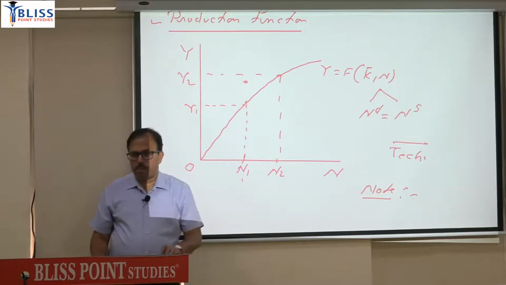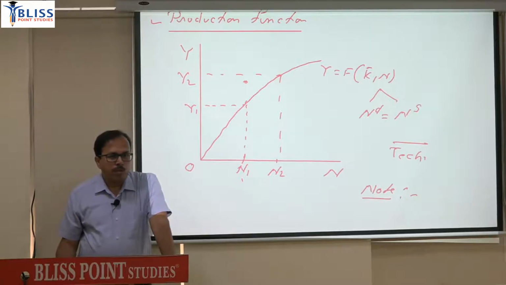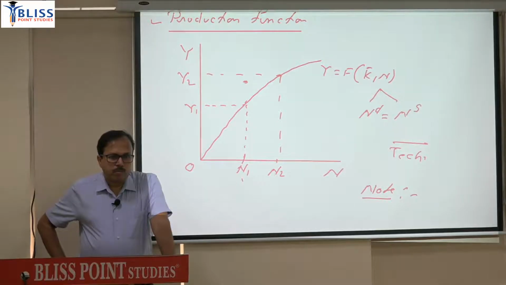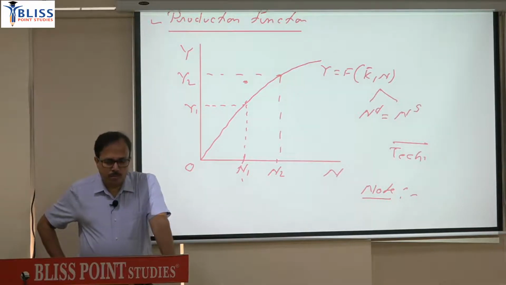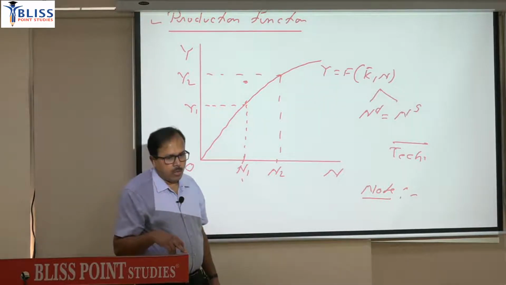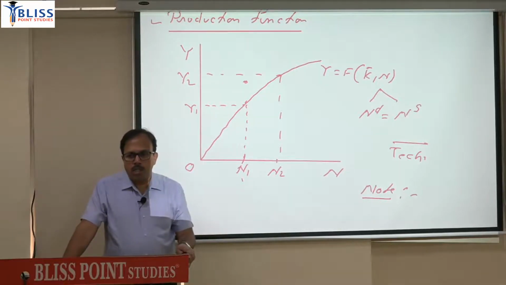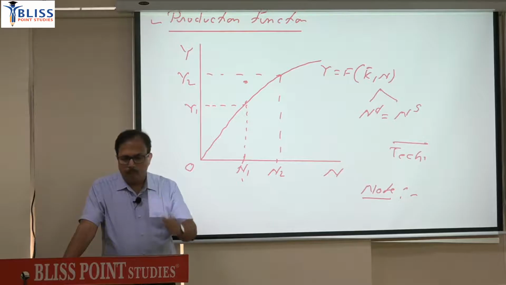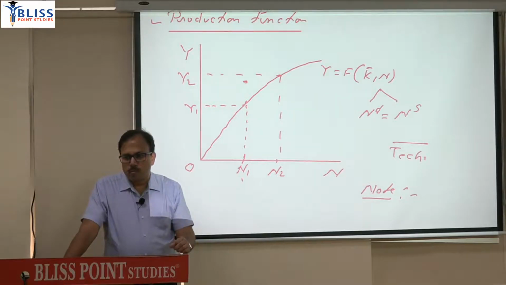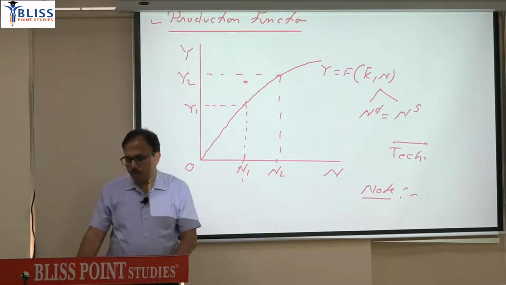The production function will shift up when there is improvement in technology, or increase in the stock of capital, or increase in efficiency of worker.